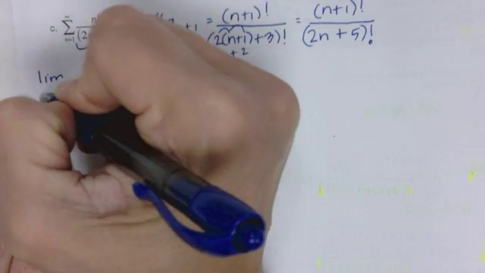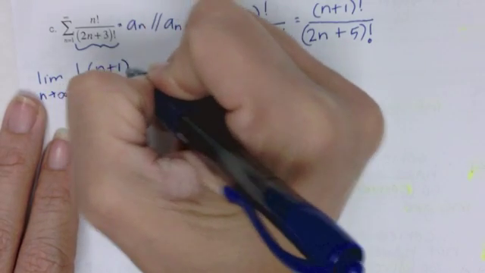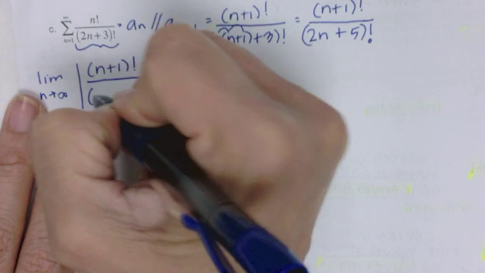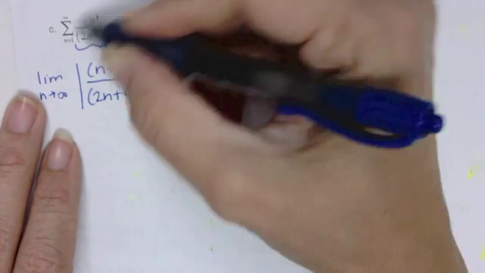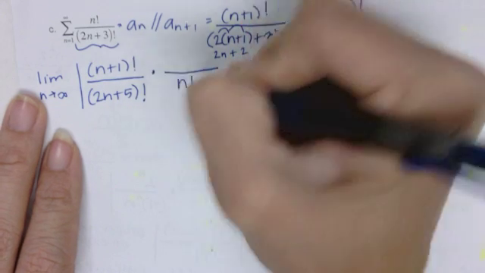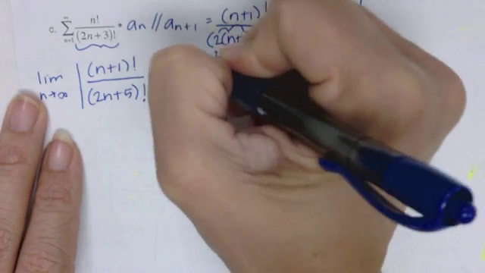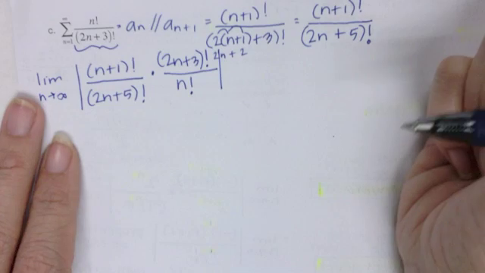The limit as n goes to infinity of the ratio of the bigger one, n plus 1 factorial, all over 2n plus 5 factorial, times, we're going to copy that, flip that, obviously you need the parentheses around those things right now.